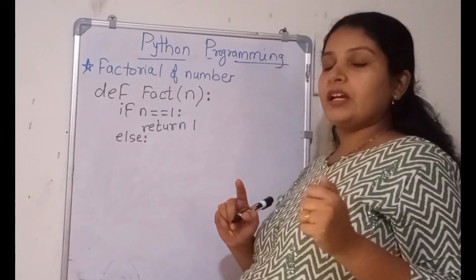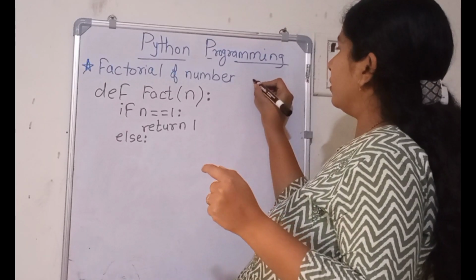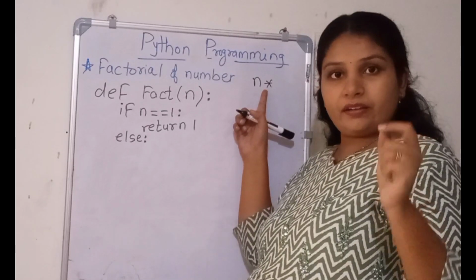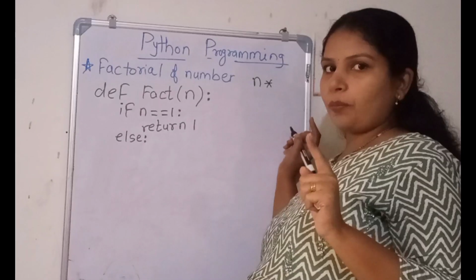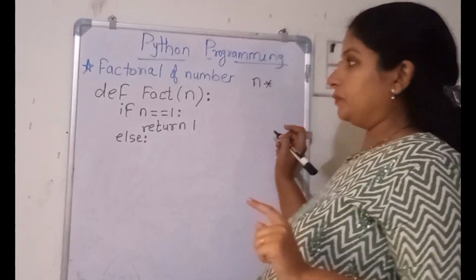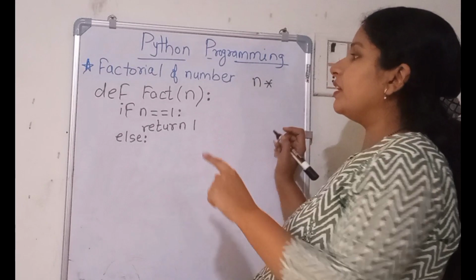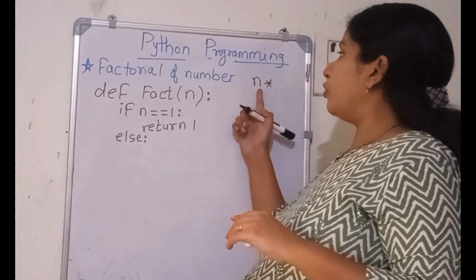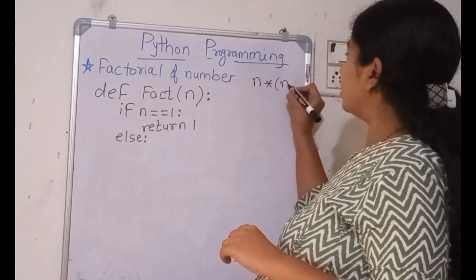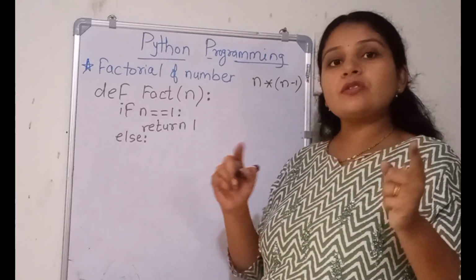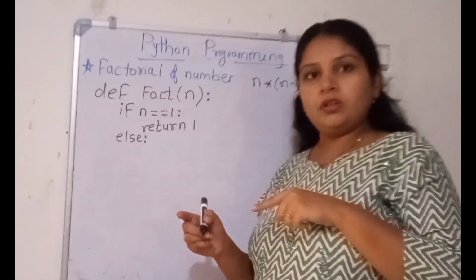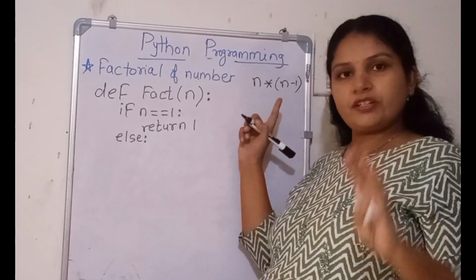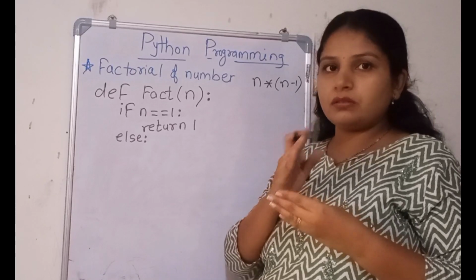Now here you are returning. You have seen that number, which is your n, multiply. You need to execute the arithmetic operation first, which is multiplication: n, and then you are decrementing the value of n by 1 for multiplication, right? So if your number is n, then here n minus 1, that means 1 previous value. If it is 5, then n minus 1 is 4. But you are not stopping at 4.